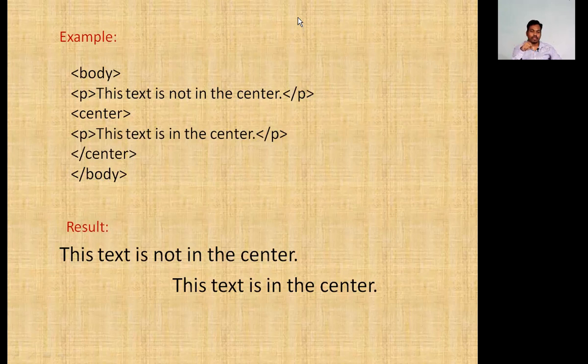And now I will close the center and then body. So the paragraph which is written inside the center tag will be displayed at the center of your web page, at the center of your HTML document. Getting? Whenever you open this page in the browser, whatever you write in between the center tag will be displayed at the center of your browser.